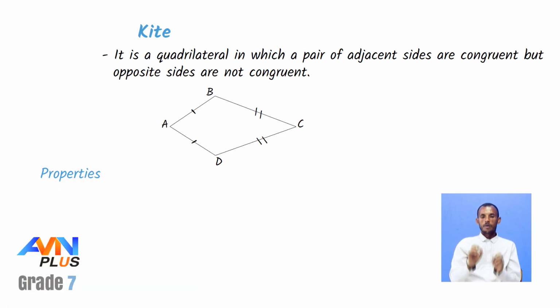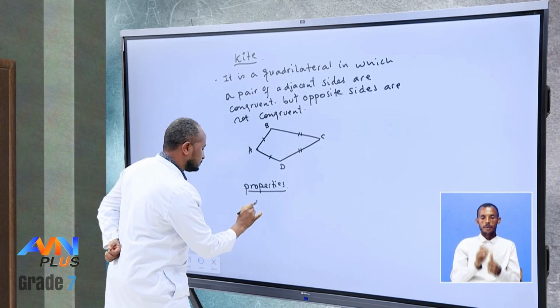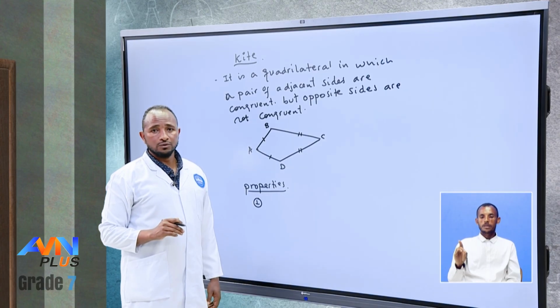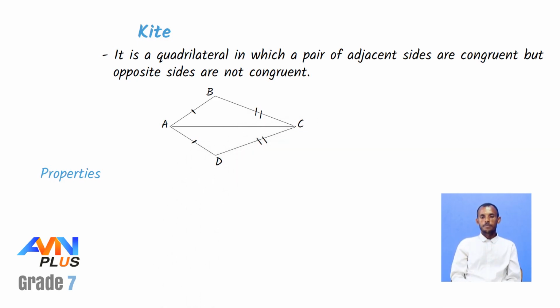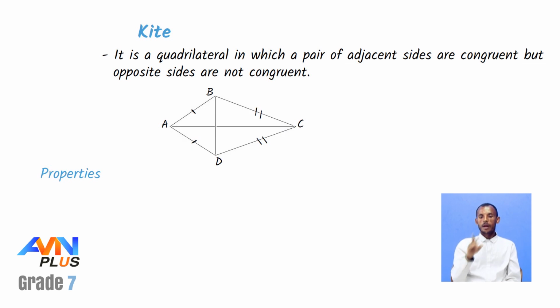One, the diagonals of a kite are perpendicular to each other. This diagonal and this diagonal are perpendicular.